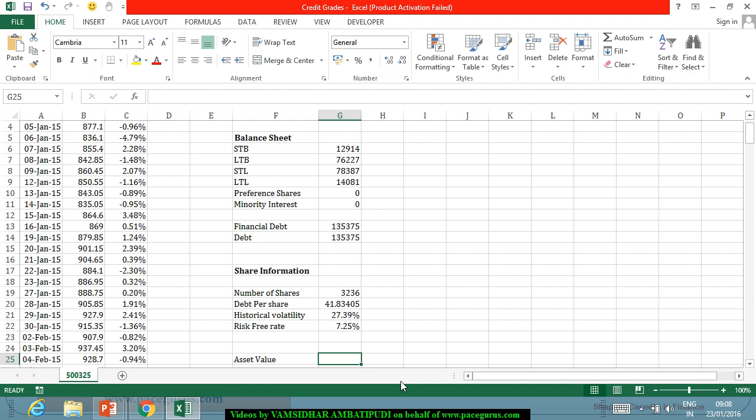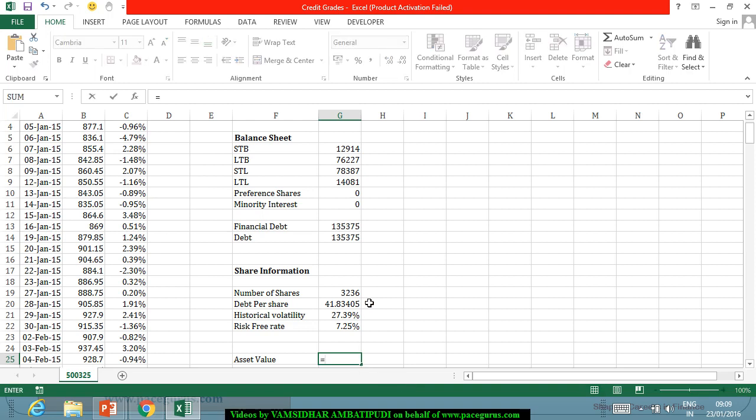The way we are getting the asset value is the equity value, which is the number of shares multiplied by the share price, plus we have lambda, the pi bar times the D. So that's what we will compute.